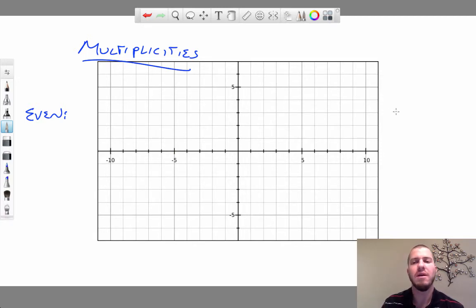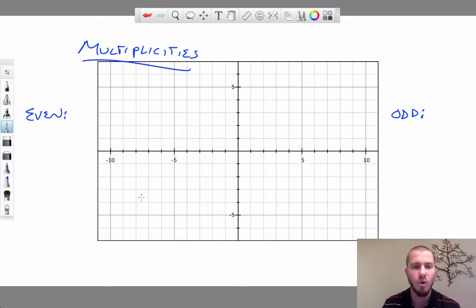And it's really, you can tell whether it's even or odd. In our case, if there's a multiplicity and it's even, we're going to use it as a multiplicity of 2. If it's odd, we're going to use it as a multiplicity of 3. And then we're not going to go any further than that. But in actuality, you could have more and it just looks even or looks odd.